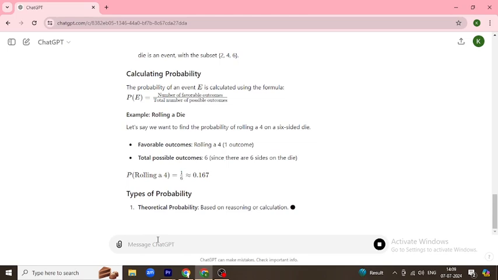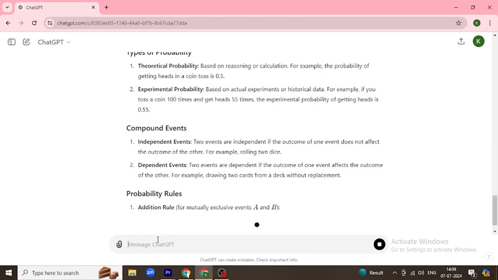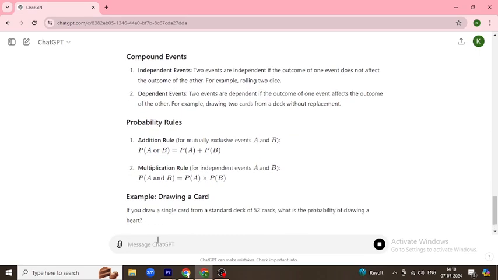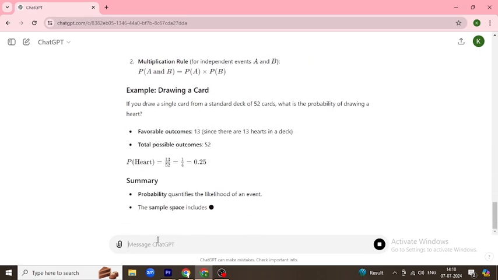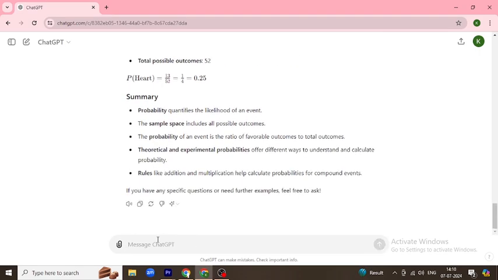Once I go through it, I'm sure I'm thorough with the basics of probability. The higher the level, you can ask questions to ChatGPT, it will answer, and I'm telling you, it will explain in rather simple language that is very easy to understand, and you can excel in any subject using ChatGPT. So here is the summarization of probability, which is the basics of probability. If you are studying for grade 10, 11, 12, then you can specifically ask for your grade.